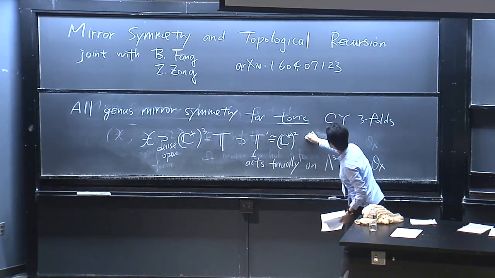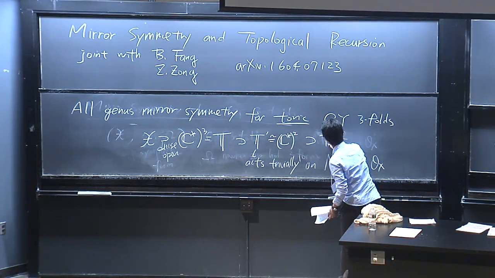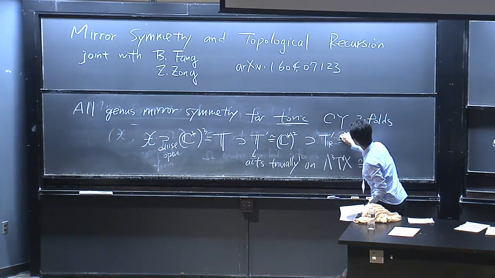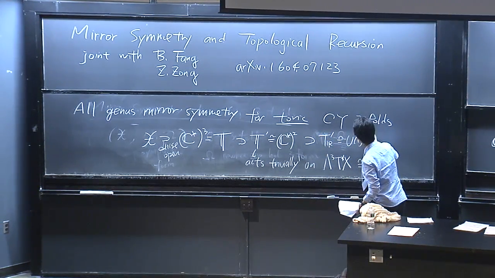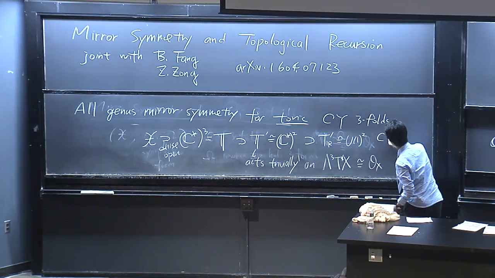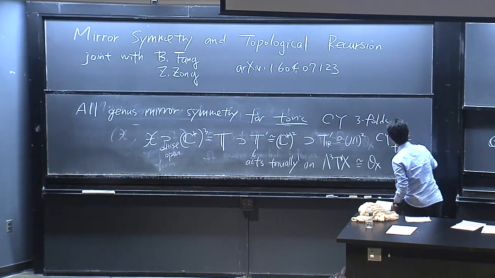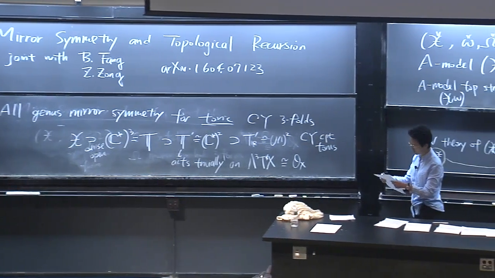We call this the Calabi-Yau torus, and there's also its maximal compact subgroup, which we call the Calabi-Yau compact torus. Okay, so just some notation.